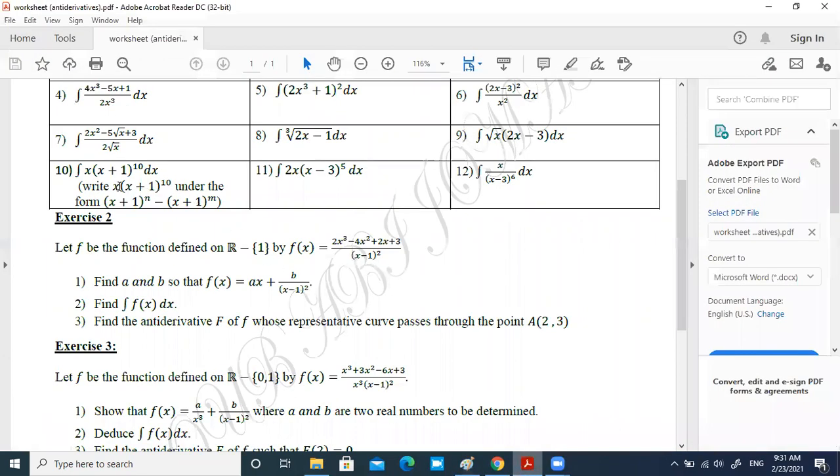Write x into (x plus 1) to the power 10 under the form (x plus 1) to the power n minus (x plus 1) to the power another number n.